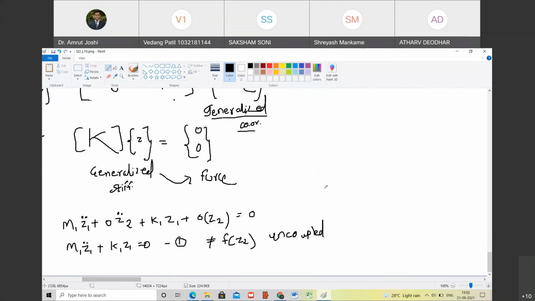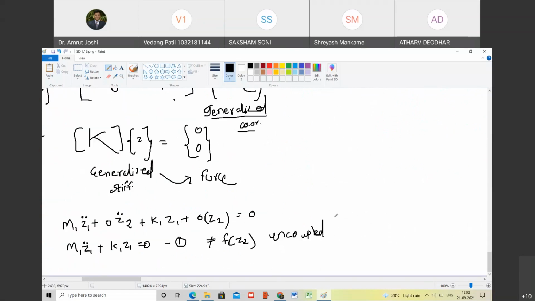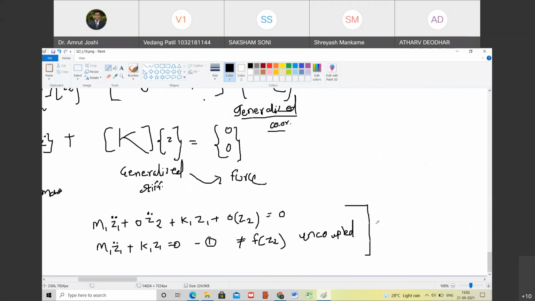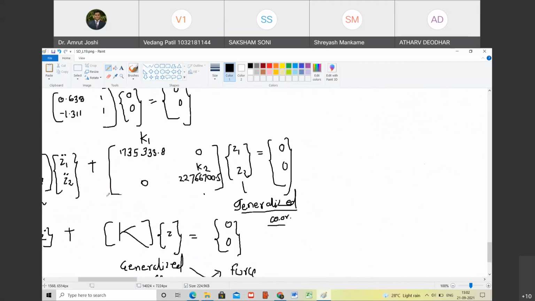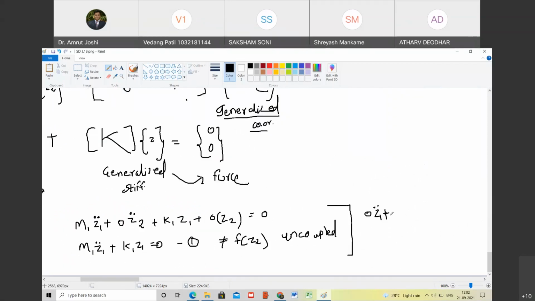Now how do you write the second equation? Tell me. So I will not go up. Let us have the second equation here itself. We are going to expand the second row. 0 into Z1 double dot plus M2 into Z2 double dot.